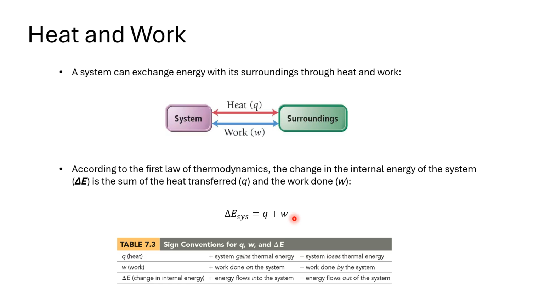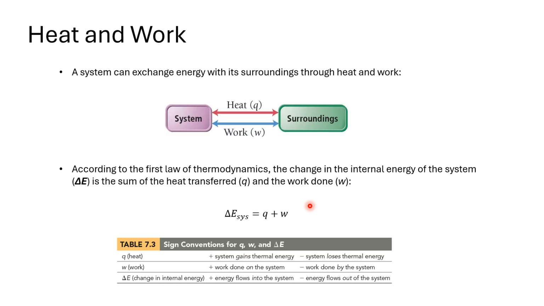Okay? And remember how I described that the delta E, the change in internal energy, is a state function. All right? What does that mean? That means you start at a certain amount of energy and you end with a certain amount of energy. And the start point and the end point, you could just subtract them from each other, right? And you get the change in internal energy.